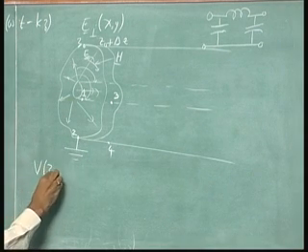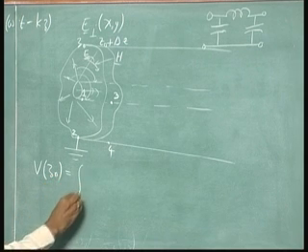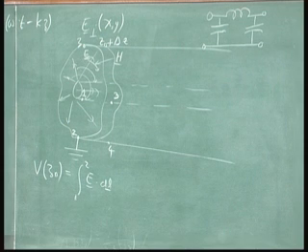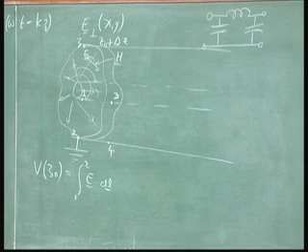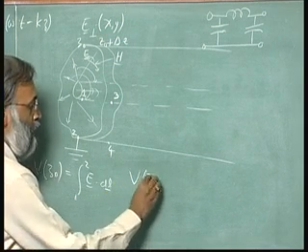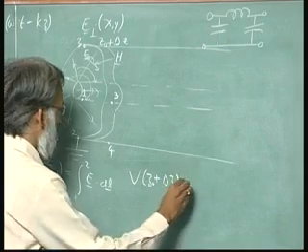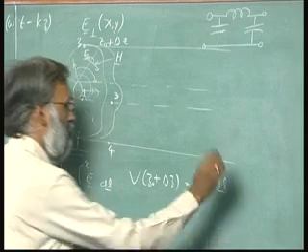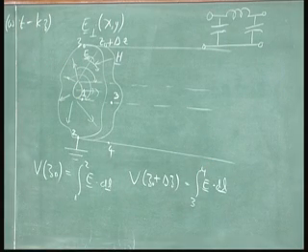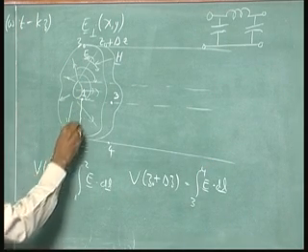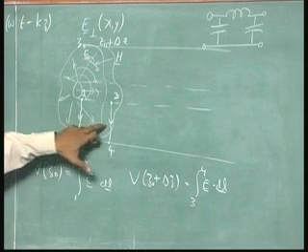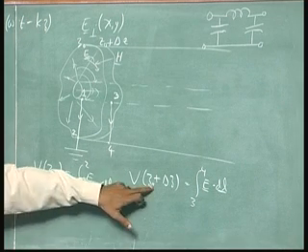V of z naught is integral 1 to 2 E dot dl. That is because electric field is derived from a scalar potential. V of z naught plus delta z is equal to integral 3 to 4 E dot dl. So, there are two line integrals I can do, and these two line integrals give me the voltages.